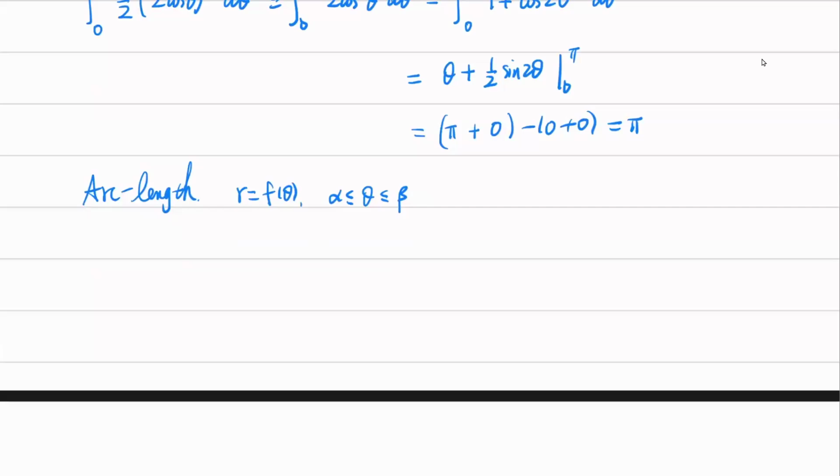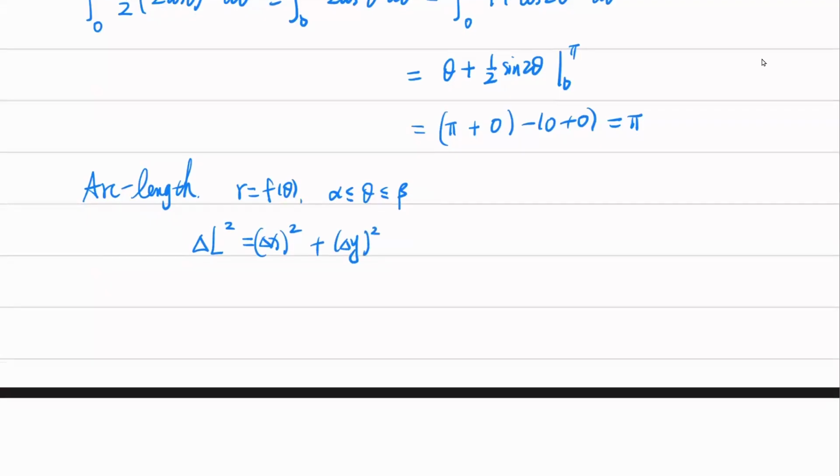As we have seen before, the increment is in terms of x and y. In our case, Sakina, what's x? If this is our polar curve, what is x?